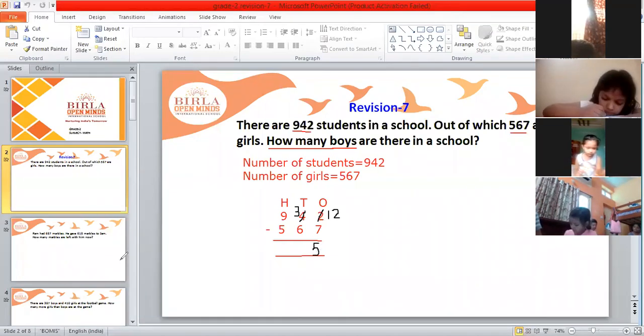Adya, now the numbers in tens place are 3 and 6. Is it possible to take away 6 from 3? No, so it's not possible. So we'll take a borrow, and this 9 will become 8. We will cut this 9 and write 8. This 3 will become 13.